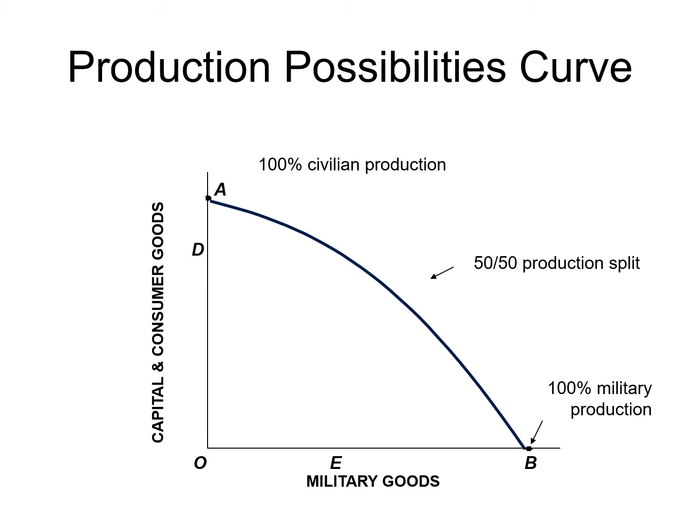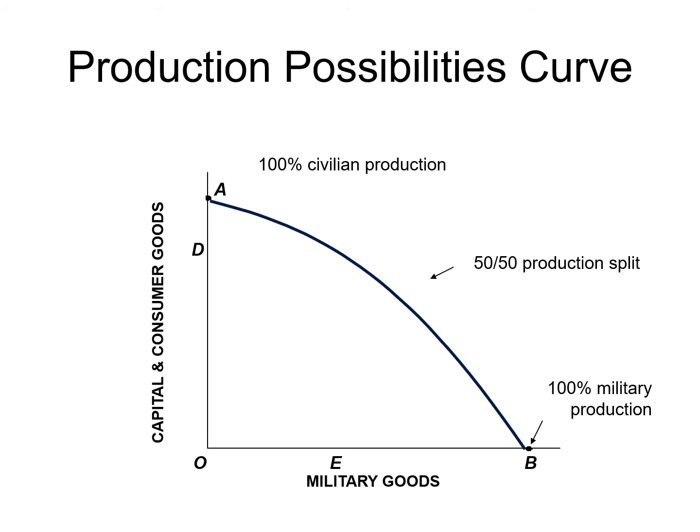Similar to our previous analysis, neither A nor B would be allocatively efficient. We would want some level of military spending to defend the country. Therefore, point A, 100% of all resources allocated to civilian production, would not be the mix of output which maximizes utility for society, nor would B refer to an allocatively efficient outcome.